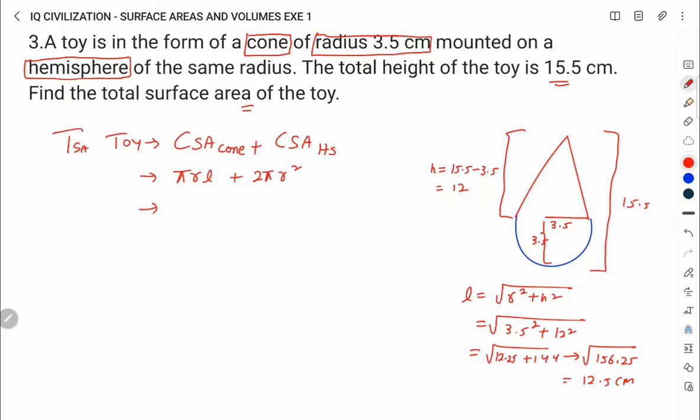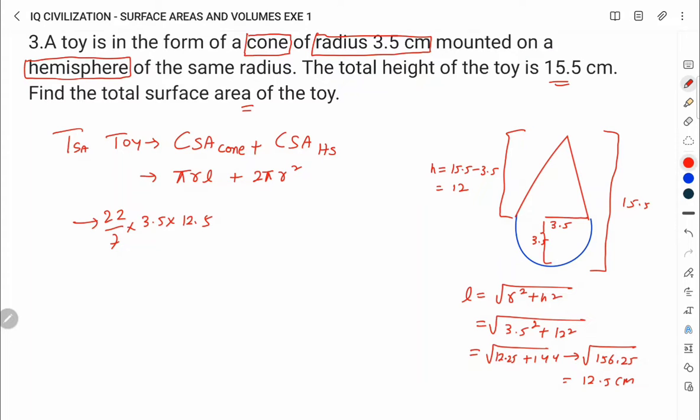Here we have to do it separately, or you can do it directly. First thing is pi r l, right? So pi is 22 by 7 into radius 3.5 into l, which is 12.5.